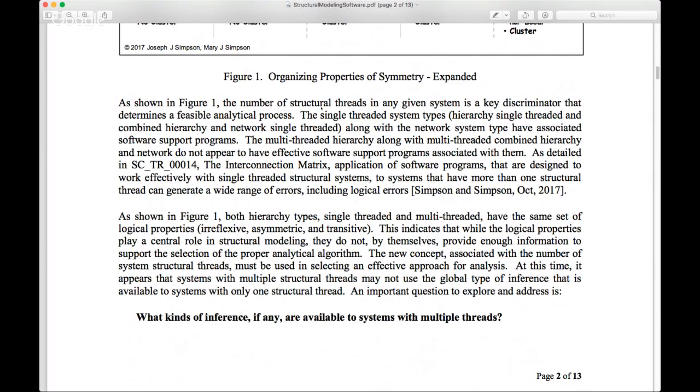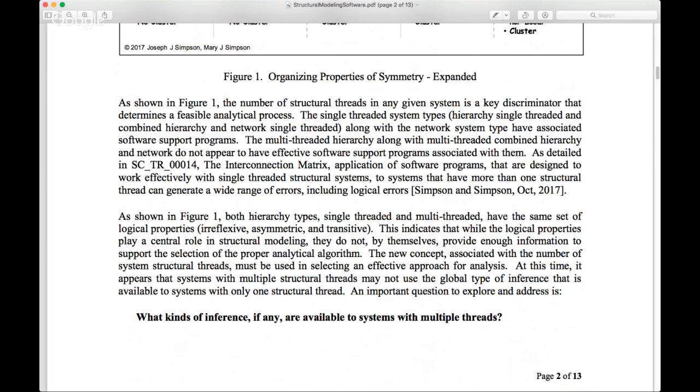Whereas impacted by or affected by, things like that, those just operate between two objects. They don't operate between all of the objects. And so that global application of the relationship seems to be a missing requirement that goes along with the logical group that's necessary to pick the proper algorithm.